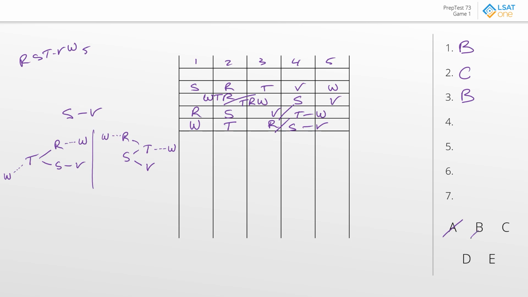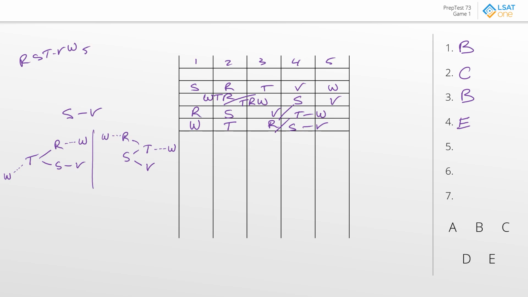B, R is 1, also no. Next, V is 3, and no, because for V to go third, it still has to go after S, so that wouldn't have worked. Answer choice D, W4, and no, W is already in 1. E, R is last, and maybe R is entirely flexible. It can move around all these spaces, so best answer here is answer choice E for number 4.